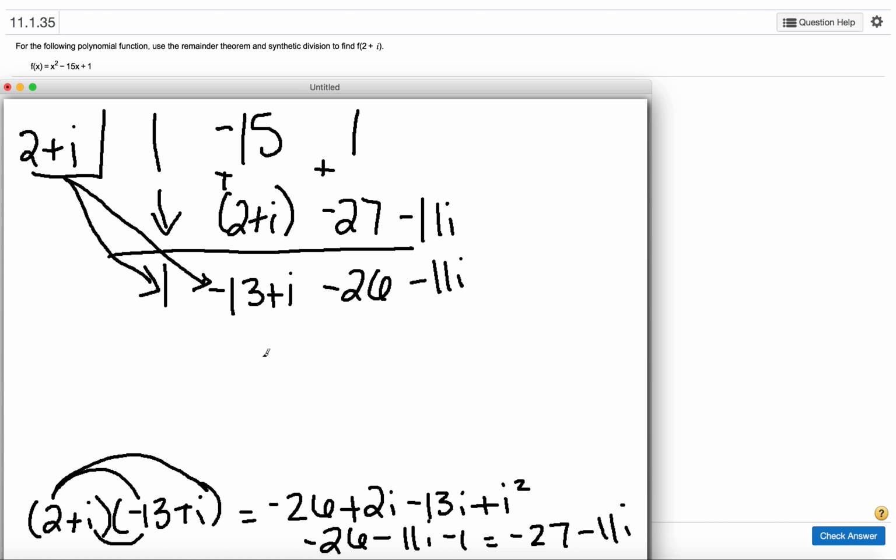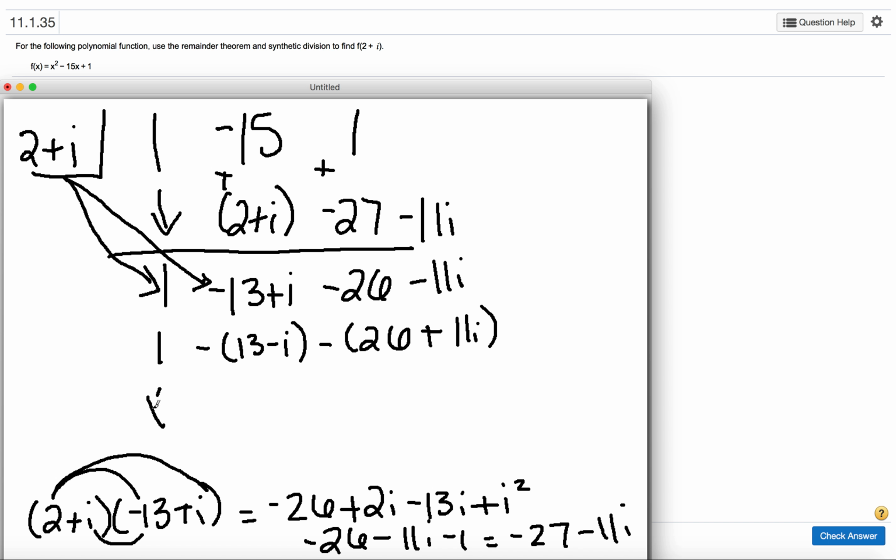Now, we don't like to have negative coefficients for our whole numbers with complex numbers. That's a mathematical convention. So what I'm going to do is factor a negative out of each parentheses because our convention is that that whole number is going to be positive. So what the remainder theorem says is I had x squared here at the top.